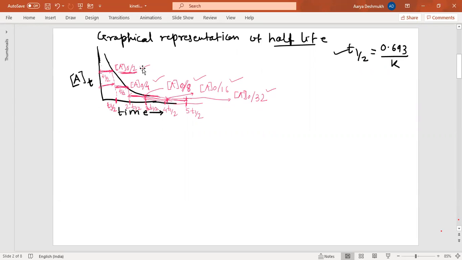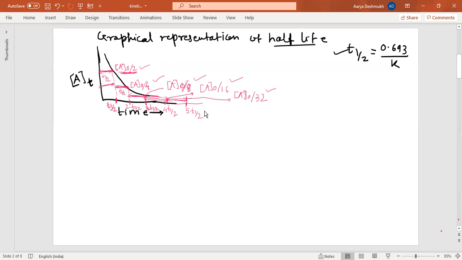So you can represent this half-life in this way. This is not given in your textbook in this manner. I just tried to simplify this. Okay, so At is the concentration of A at time t. Meaning if you consider this as a half time or half life, you can plot the graph this way.